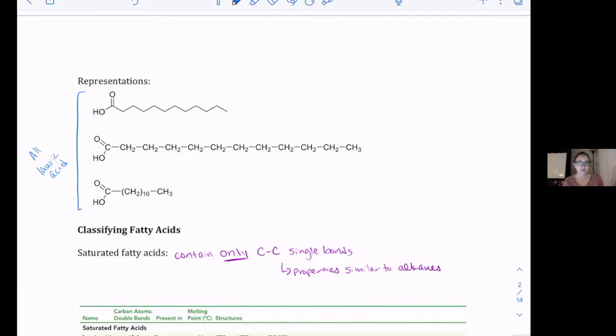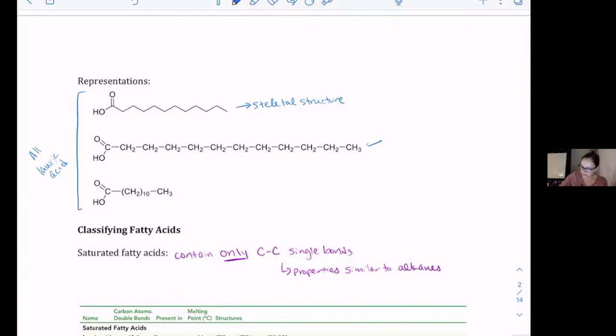You can draw these as their skeletal structures. In all of our organic content before we got too much into biochem, we always did these skeletal structures. That's pretty common for organic chemists. It just takes a while to draw out sometimes.